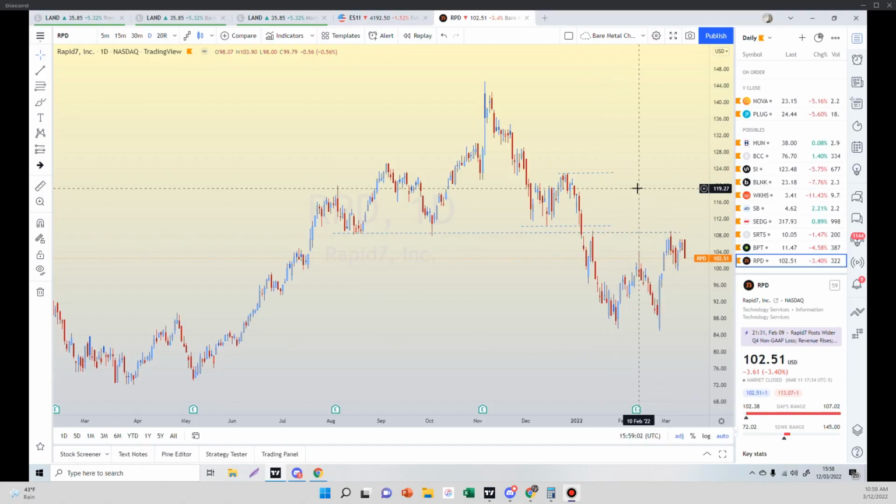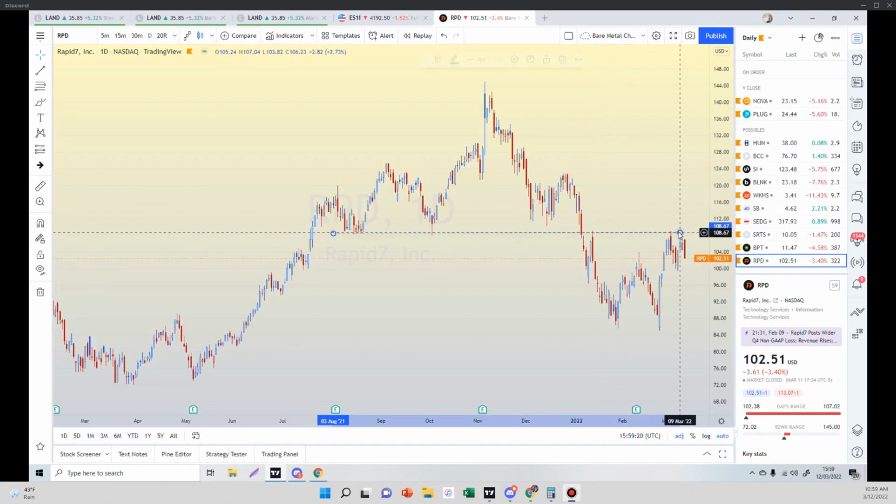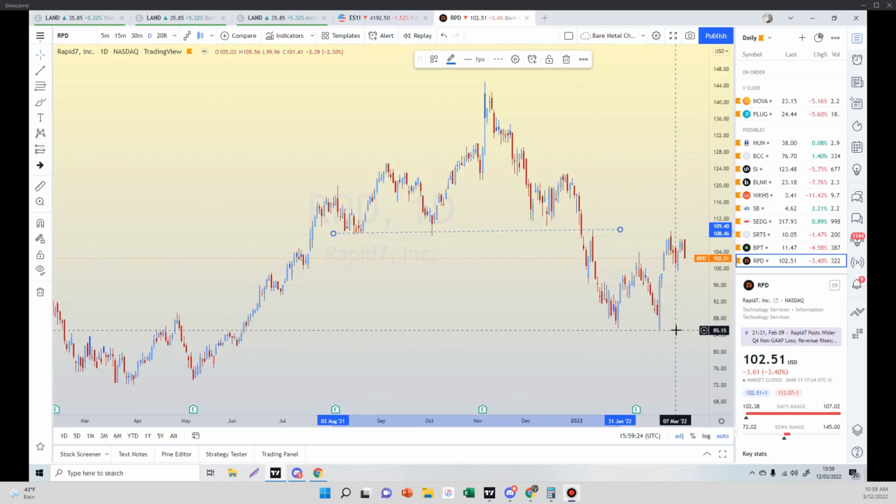I haven't drawn that properly yet, but I'll show you how to do that in a sec. That's just an example of, don't get confused by levels way back here. When over here, the only ones that count in terms of minor are the most recent ones. So, if you're not bothered about the major levels, the two most recent minor levels are here and here.